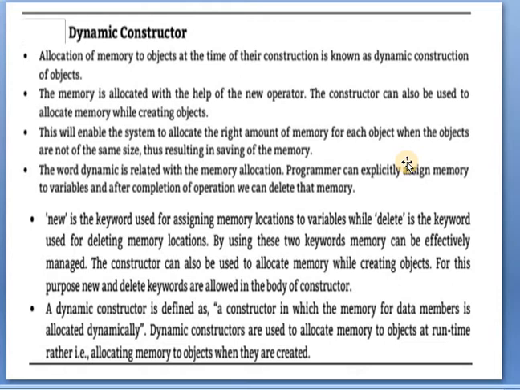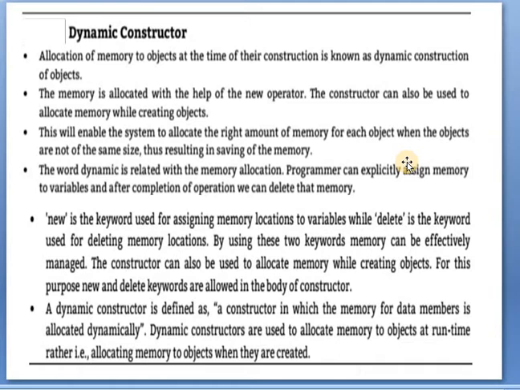But in one object we required only roll number, and in another object we required address, percentage and roll number of the student. So the sizes of these two objects are different. But by using the dynamic constructor, we can allocate the memory to the object at construction. So it will save the memory.